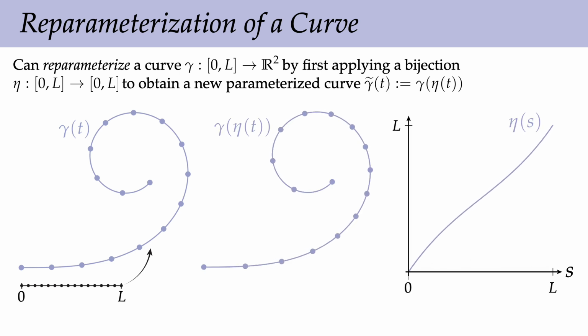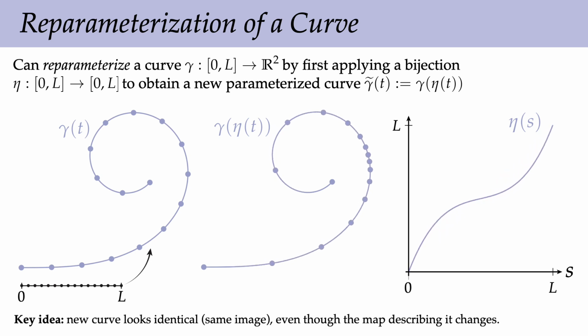So in particular, let's say I take the function eta of s on the right, that's mapping 0 to L to 0 to L, and I plug it into gamma, then I get something that looks just like gamma, but these dots are spaced out by different amounts. Why is that? Well, if you look at this curve on the right, at some moment it goes really fast, then really slow, then really fast again. Okay, so we have a different kind of velocity that we're traveling along the same curve.